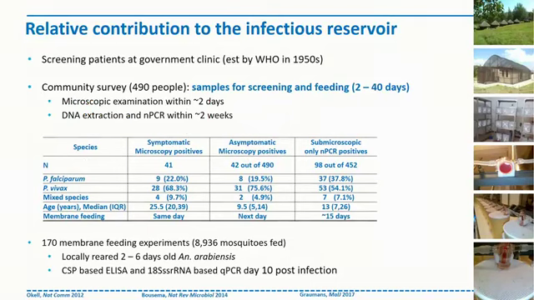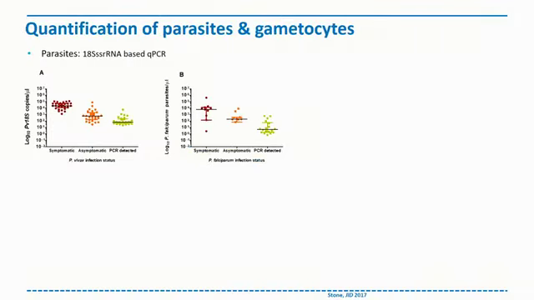Infectivity to mosquitoes was assessed using CSP-based ELISA and finally confirmed with 18S-based qPCR on mosquitoes that were maintained for 10 days. These figures indicate the parasite density by 18S-based qPCR in vivax and falciparum infections. These are the 3 groups: the patients, the asymptomatic microscopy positive ones, and the PCR detectable community members.